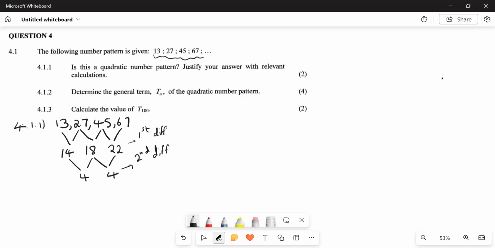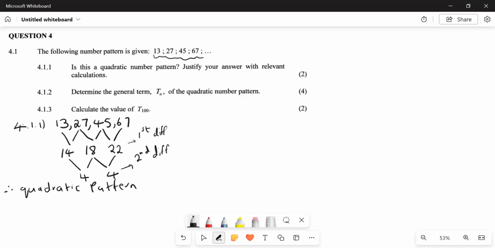If you can check, our first difference is not common, but our second difference is common. So now we can conclude and say, therefore, this is a quadratic pattern, right?